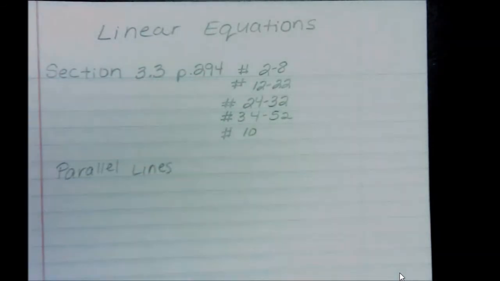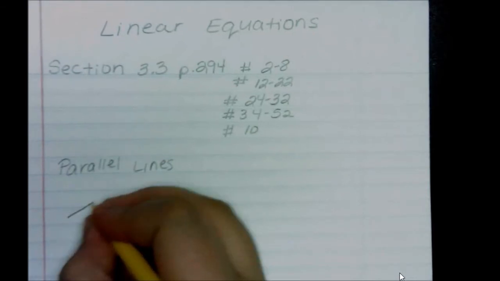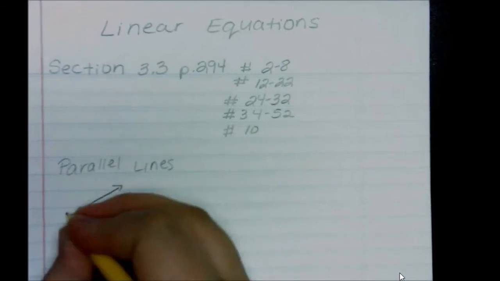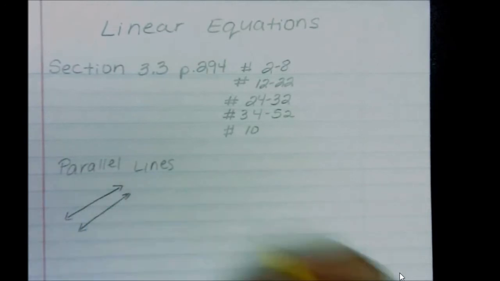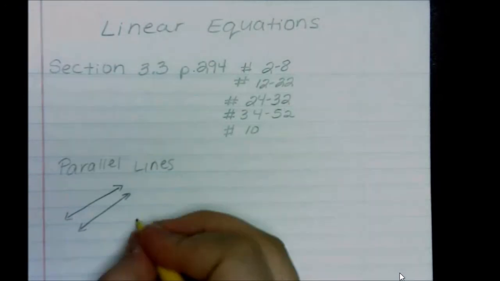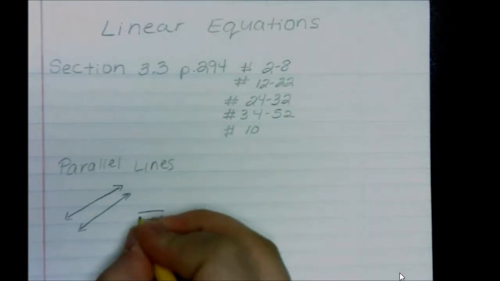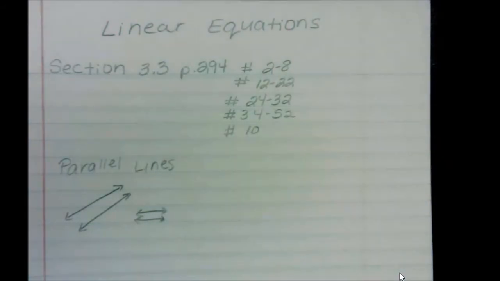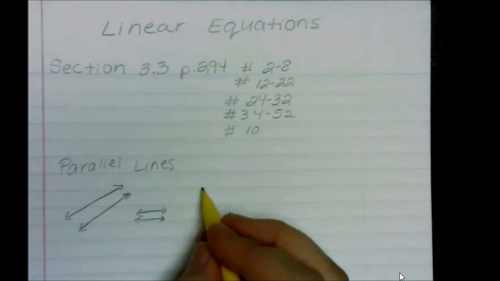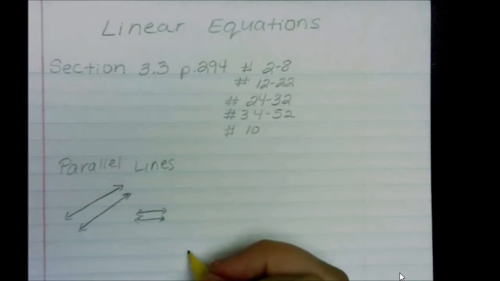Parallel lines are lines that never touch. So they can look something along the lines of this. Assume that I can actually draw straight lines. They can look like this. As an example, parallel lines could include all of these blue lines on my sheet because they never touch.